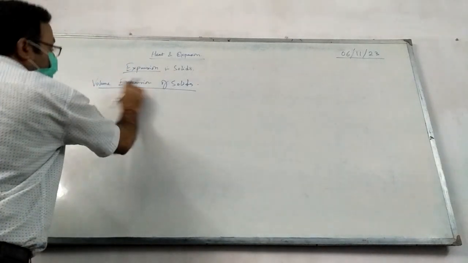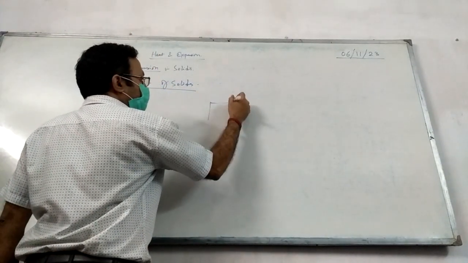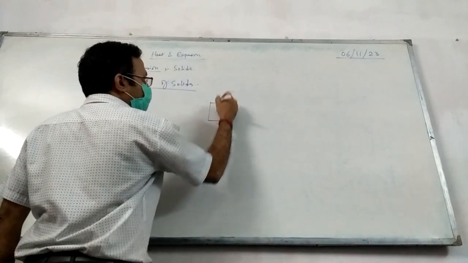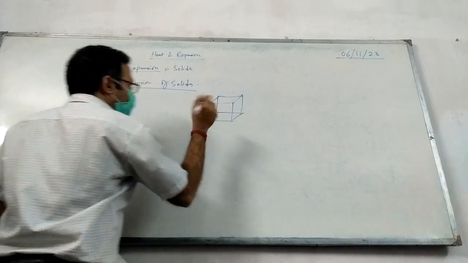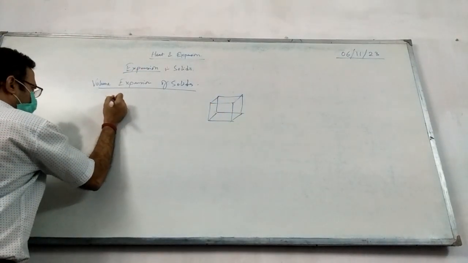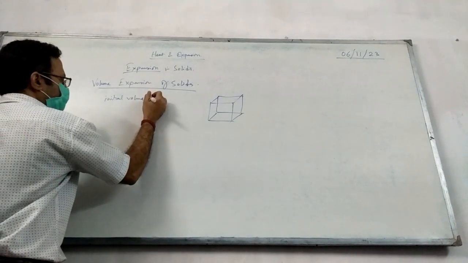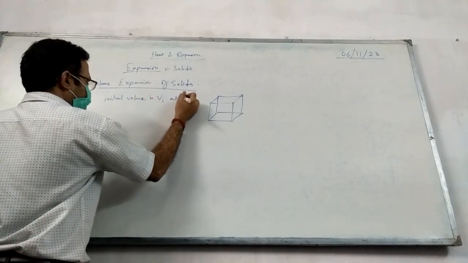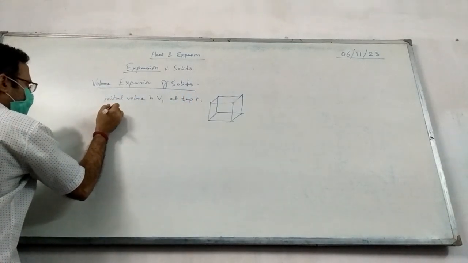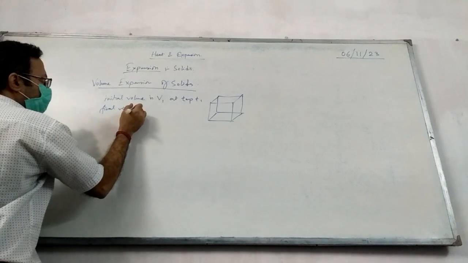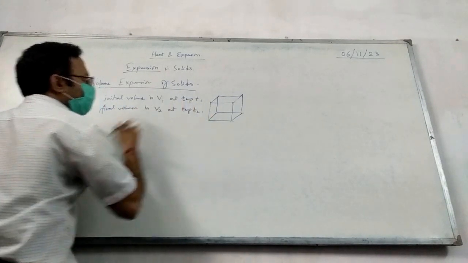Now, volume expansion of solids. Again the same thing. We consider the volume of any object, so I took up a cube over here. Say the initial volume is V1 at temperature T1 and the final volume is V2 at temperature T2.